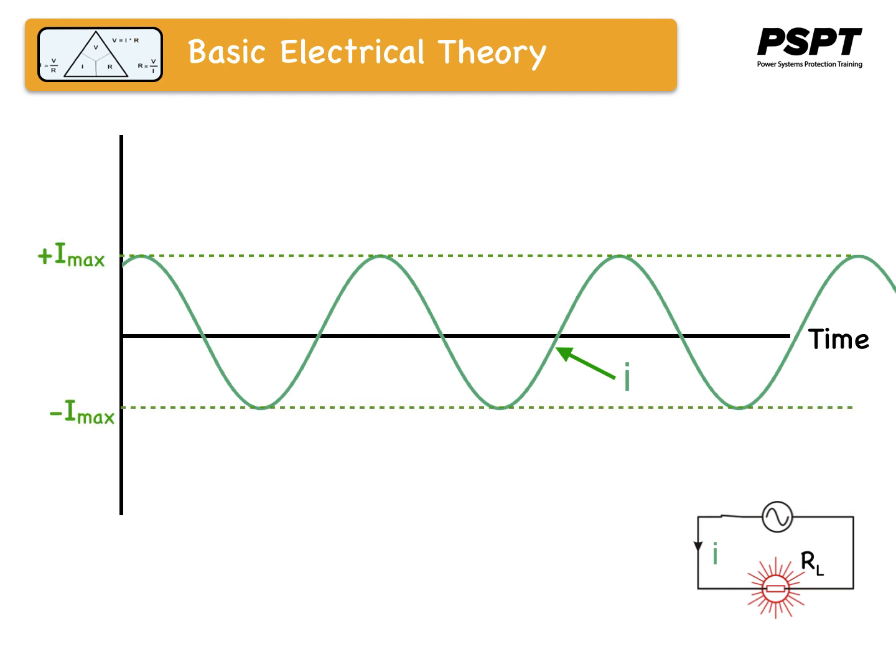The actual current itself will rise to a maximum value, we'll call it plus I max, and it will go to a negative maximum we will call negative I max.